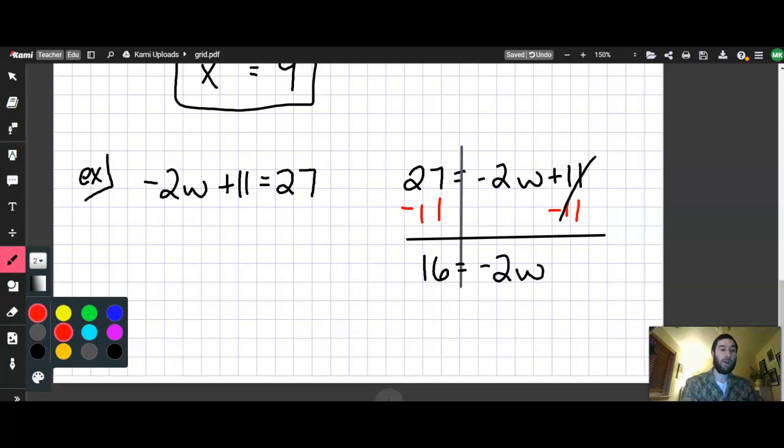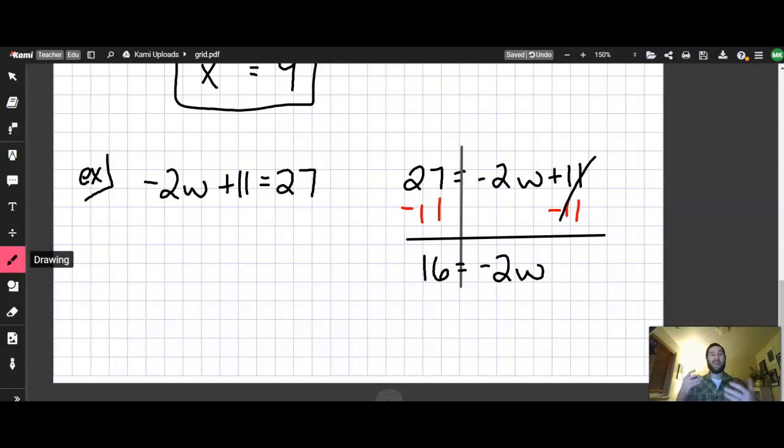So, ladies and gentlemen, how does the negative get involved here? Well, the exact same way as if it was positive. We care about the fact that the negative 2 is being multiplied by w. And so we undo that multiplication with division, and we divide by what we're multiplying by. If we're multiplying by negative 2, then we divide by negative 2 in order to get w by itself.